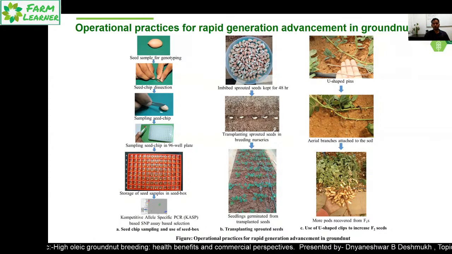Even during winter season, we are getting good germination due to imbibition of the peanut in warm water. And then these sprouted seeds were transplanted directly in the breeding nursery. Here we can see the nice germination coming from the sprouted seed.